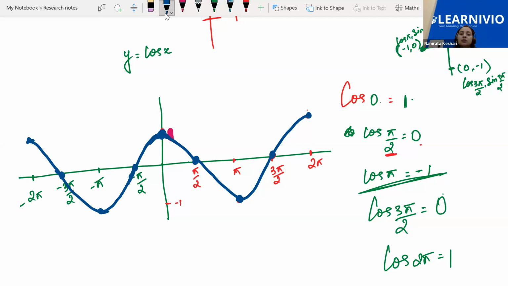Can you see the graph of the cosine function? Now each cycle looks like this.